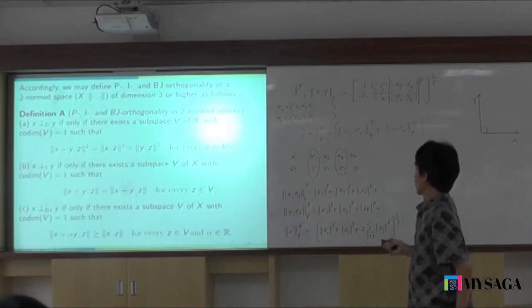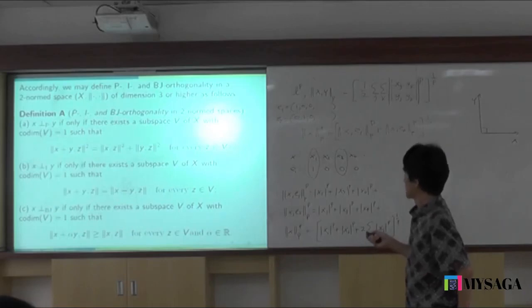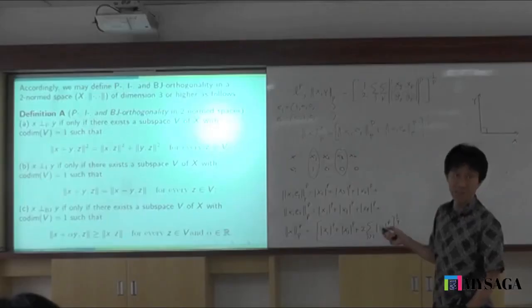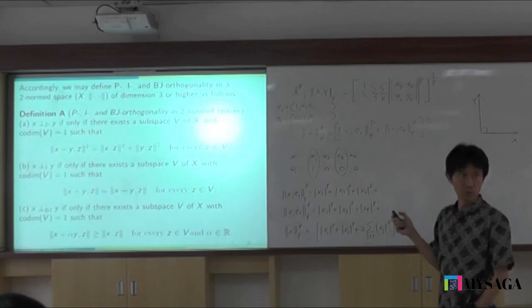Okay, not for all Z, but for every Z in V, where V is a subspace of X. And this is an existential quantifier. So there is a V. So we must choose V actually.